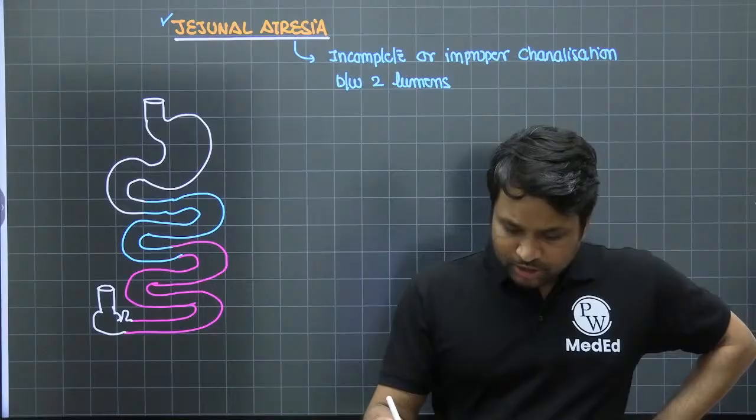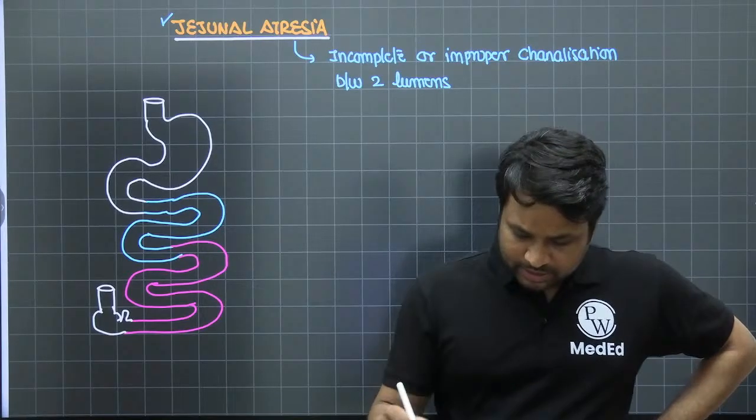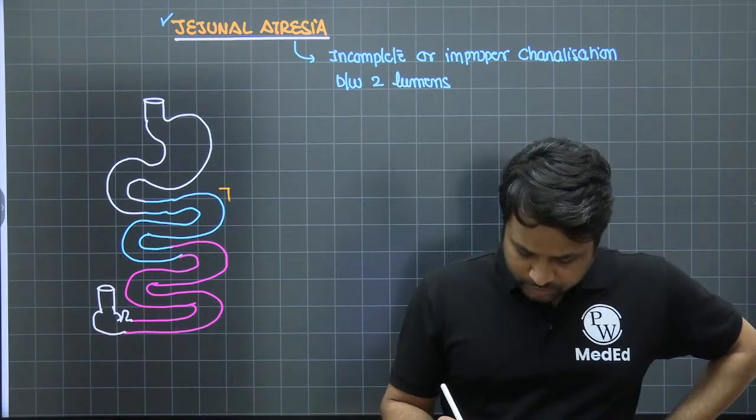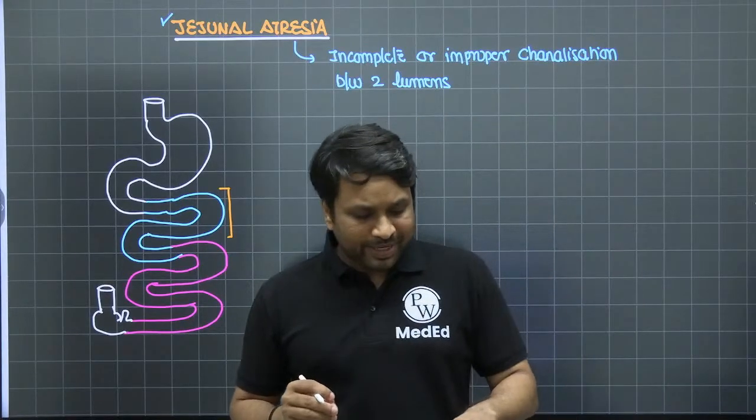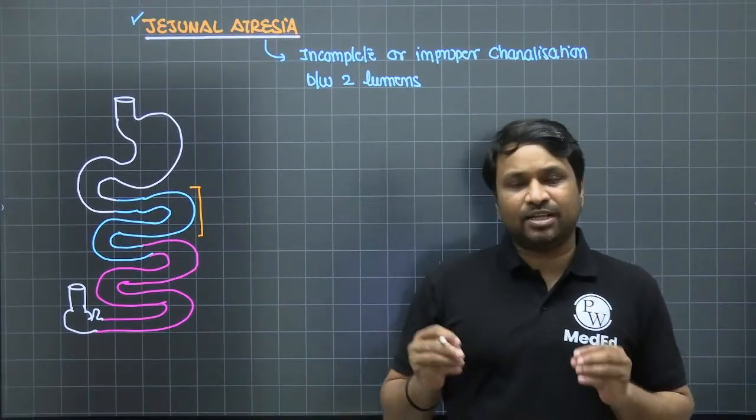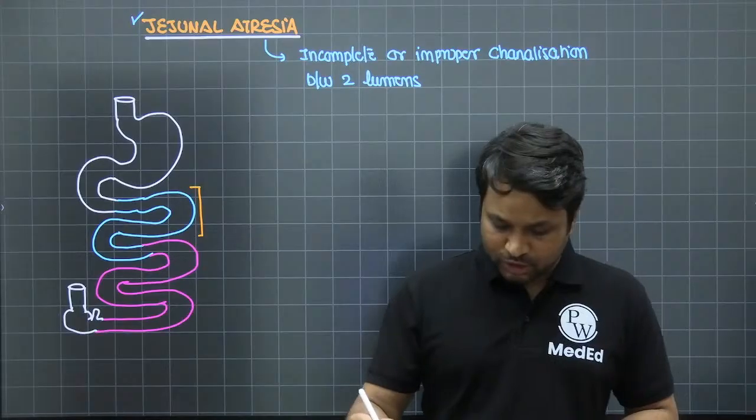Now, when you talk about jejunal atresia, this part of the bowel lumen is not going to develop properly. Based upon the extent, there are different types of jejunal atresia.